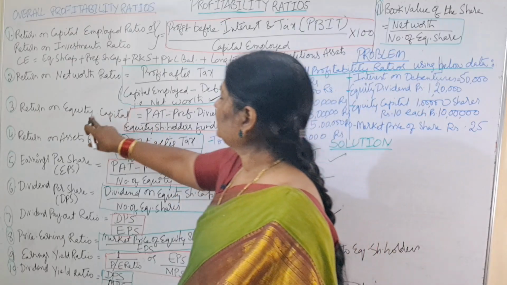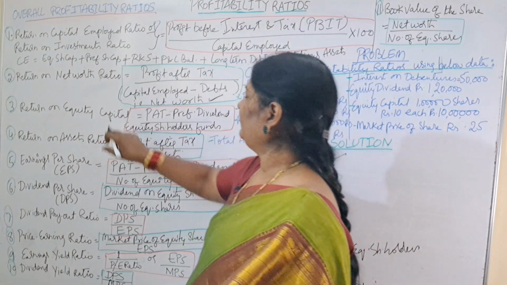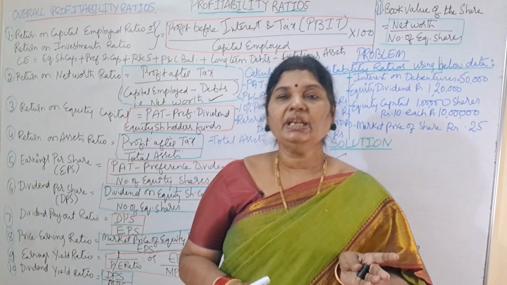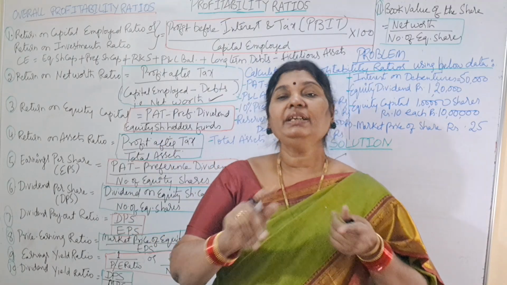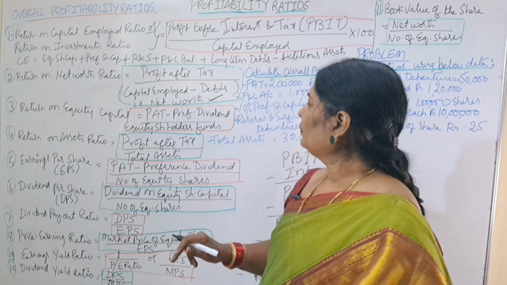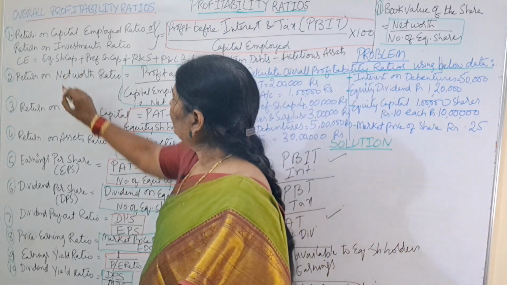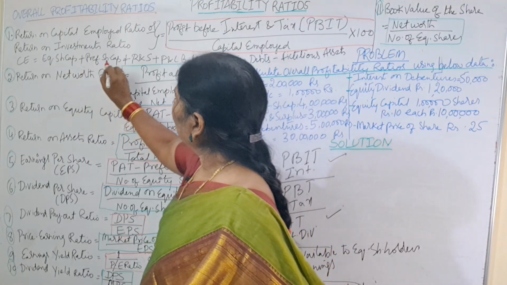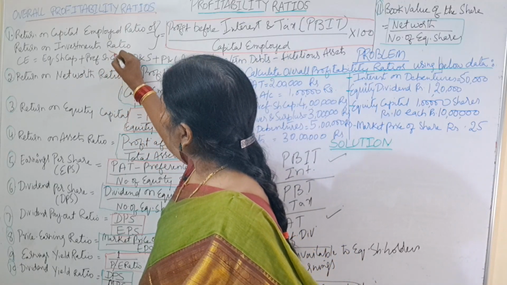Now coming to the third formula, return on equity capital. Here we are considering only equity shareholders funds, meaning we are not taking into consideration preference shareholders funds and debenture holders funds. So for equity shareholders funds, what will you consider? Equity share capital. We will not consider preference share capital.